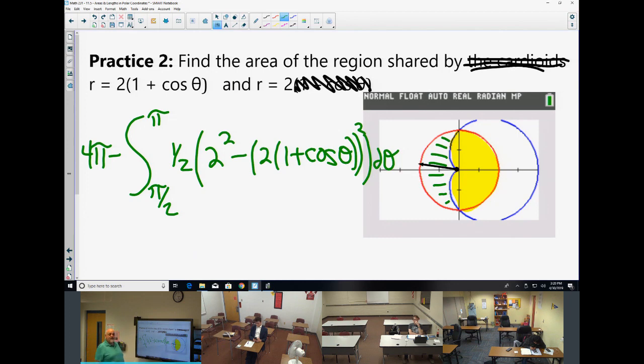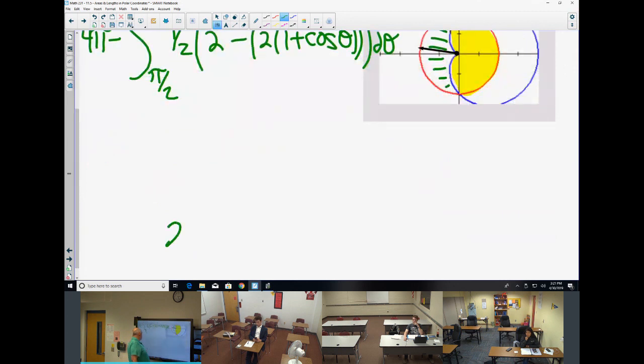All right, anybody get it? I got 2.850. And is that with 4 pi minus the integral? Yeah. Okay. So 2.850. Yeah. All right. Did anybody else get that?